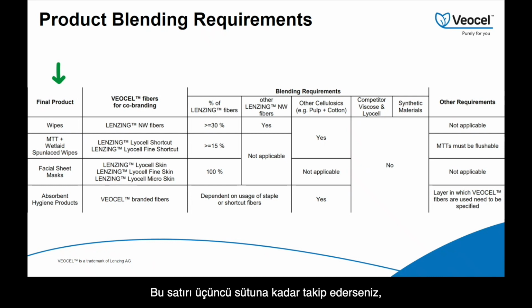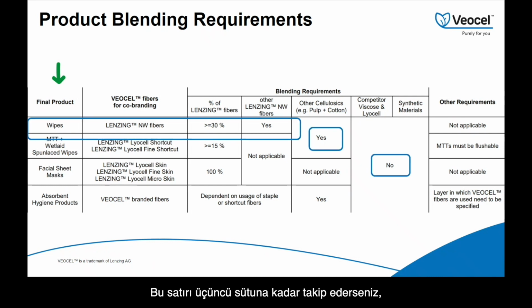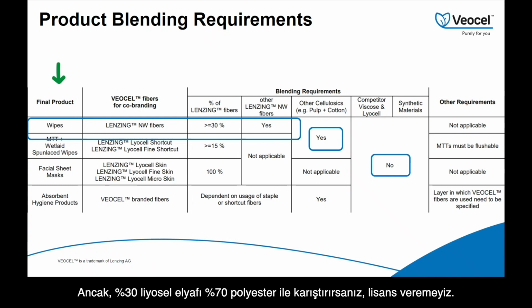If you follow this line to the third column, you will find our minimum percentage of 30%. So with any type of wipe, you could use 30% of our lyocell fibers and 70% of cotton. This wipe composition would qualify for a VEOCEL brand license. However, if you would blend the 30% lyocell fibers with 70% polyester, we would not grant a license.